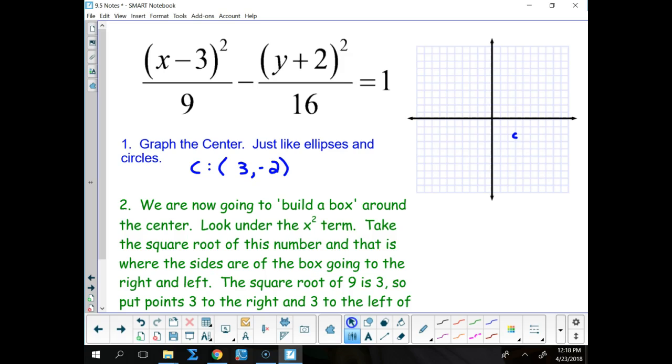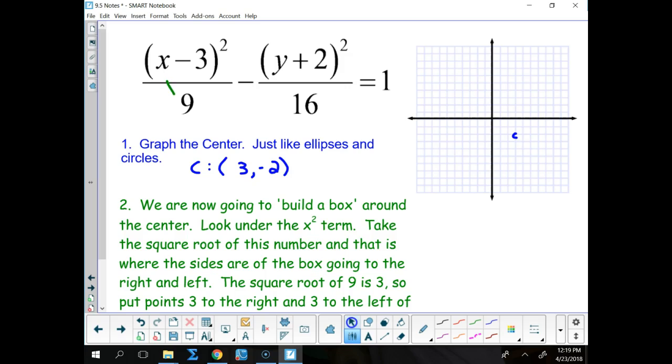When you're drawing a hyperbola, what you need to do is build this box. This box is going to be extremely helpful to draw your hyperbola. The dimensions of that box come from the numbers under the squared terms.